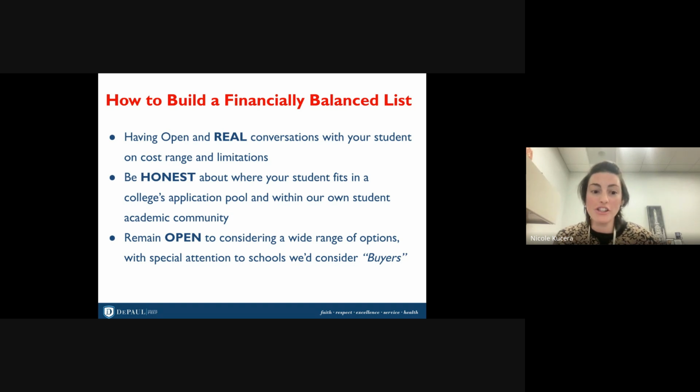So understanding what schools fit in that buyer's range, what schools fit in that seller's range, and what is going to be the best for us. So again, I'd encourage you to start with going through those comparison lists that Tony went through, as a conversation starter and an eye-opening visual to begin that conversation with your student and family.